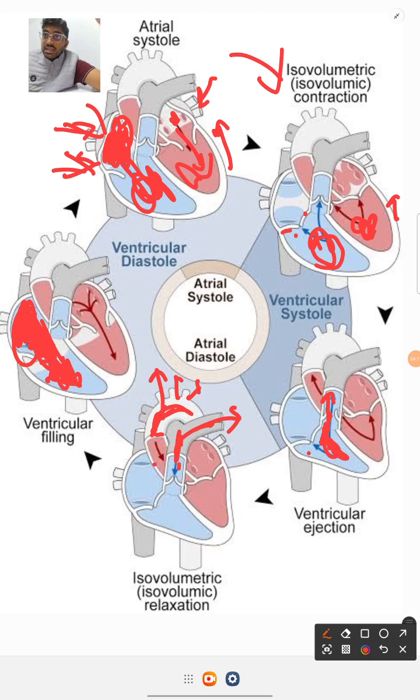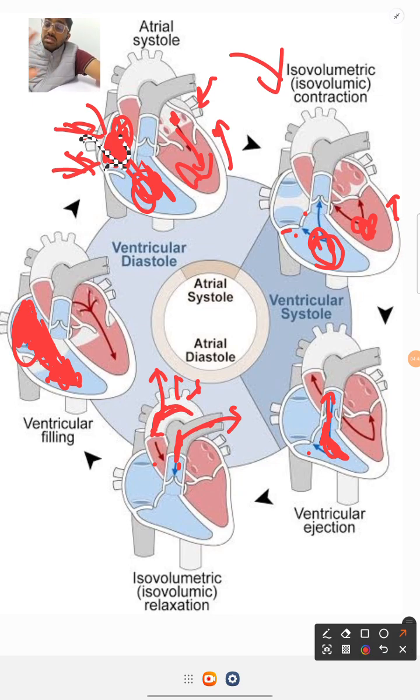One, as the atria contract, the blood moves inside the ventricles, and then the ventricular pressure will increase. That will cause the closure of the mitral and tricuspid valves, and the aortic and the pulmonary valves were already closed earlier.